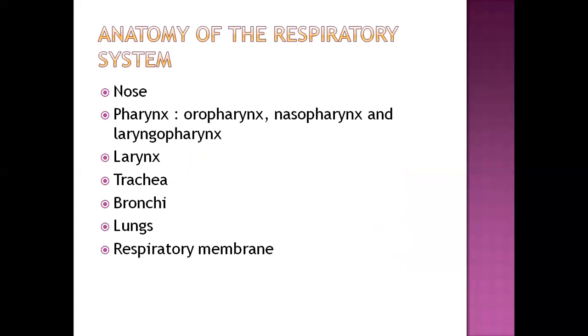In between those two layers, there is fluid called pleural fluid, which helps to prevent friction. Lungs are in continuous movement during respiration, so because of that movement, friction can occur. Pleural fluid helps to control that friction.